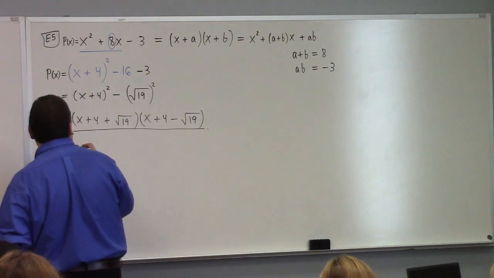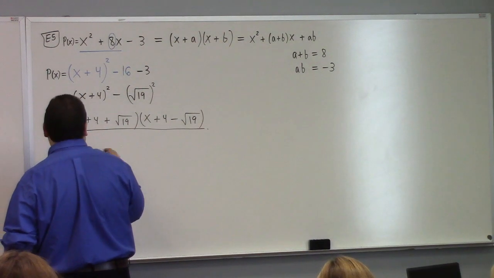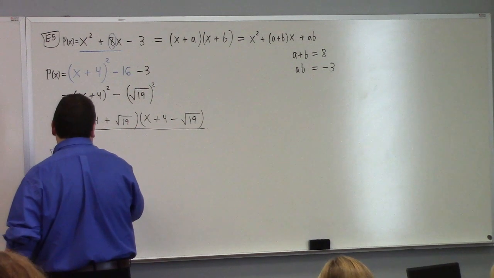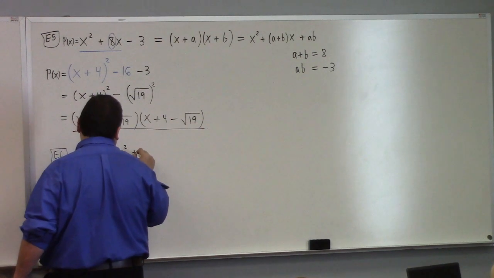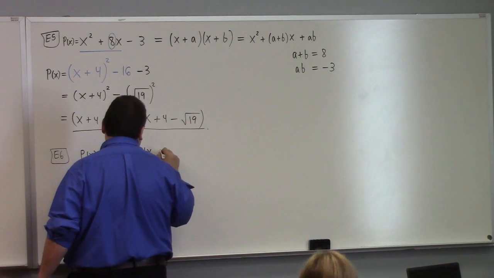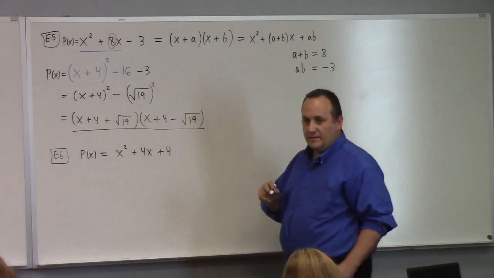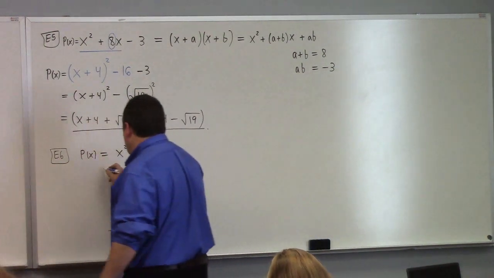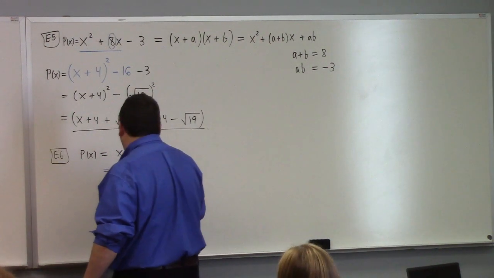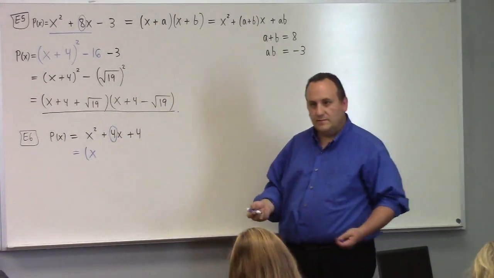Let's look at another example here. Example 6. What if we had p of x equals x squared plus 4x plus 4? Let's try my trick. We take 1/2 of 4, which is 2.